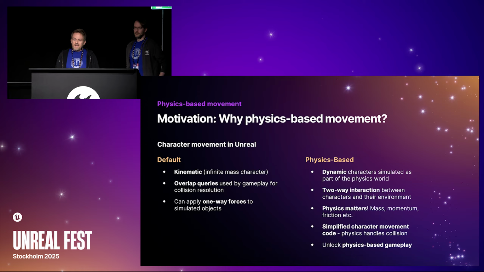But we already have a physics solver. The physics solver is set up to handle multiple collisions, multiple bodies, and resolve all of that. And if we can use that physics collision instead of queries to do overlaps, then it can simplify a lot of the code that we have to write. And ultimately, we want to unlock real physics-based gameplay, where physics matters as part of your game.